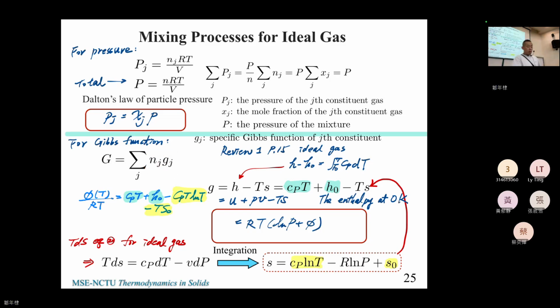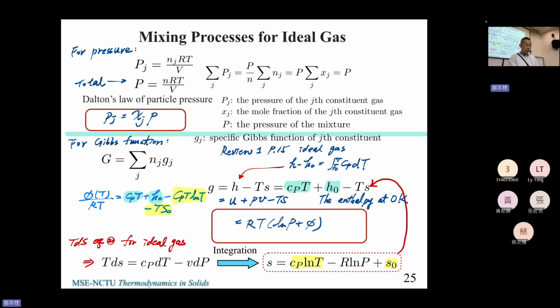Then we use a lot of existing knowledge from review 1 or the previous few pages, and we found that each G is equal to RT natural log P plus phi.